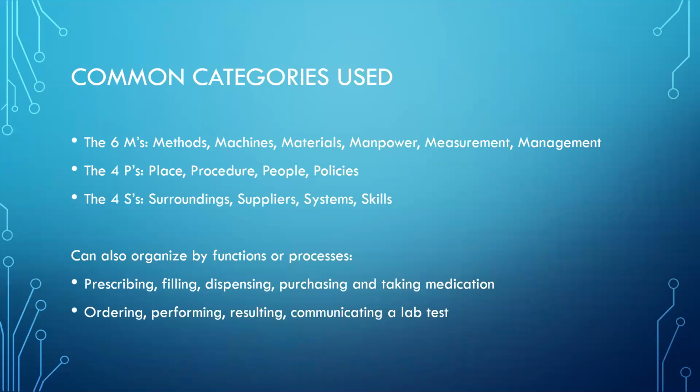There is also a way to use a fishbone diagram where you organize those bones as functions or processes as opposed to categories of causes. I see this less often, but it's just something to keep in the back of your mind.